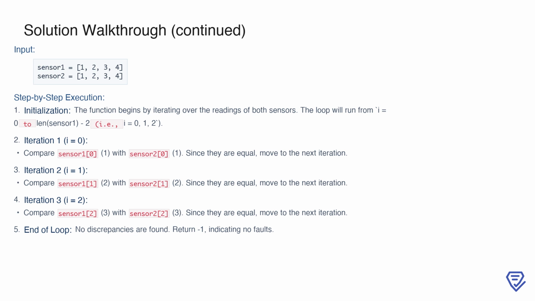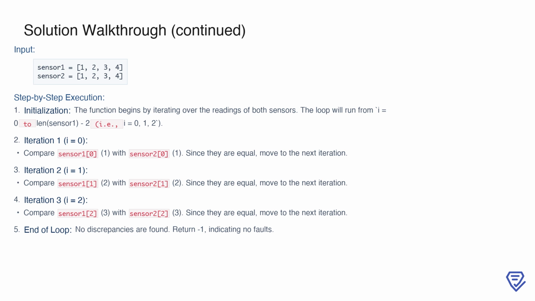The input lists for both sensors are identical. The algorithm initializes and begins iterating through the readings step by step. At index 0, both sensors report the value 1, so the loop moves to the next index. At index 1, the readings are again identical, with both sensors reporting the value 2. The same happens at index 2, where both sensors give the value 3.